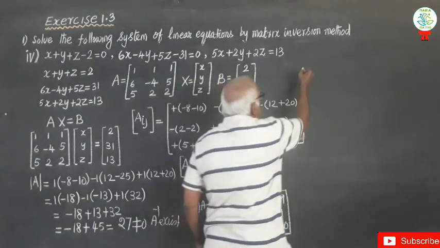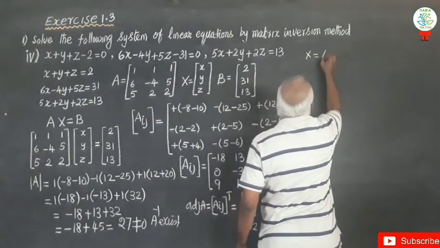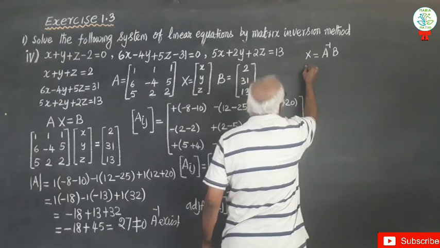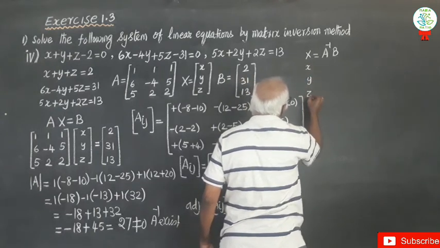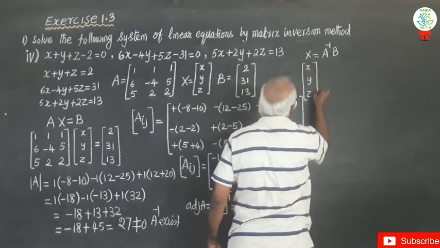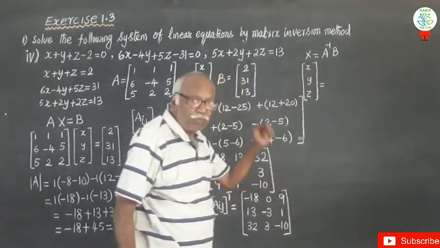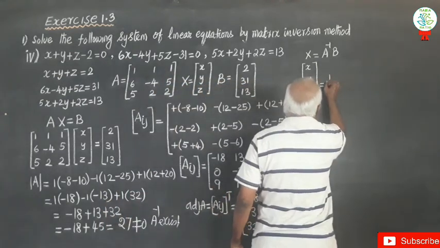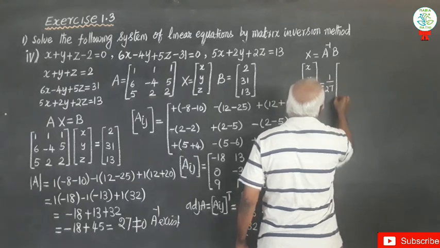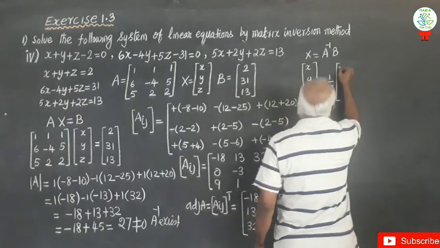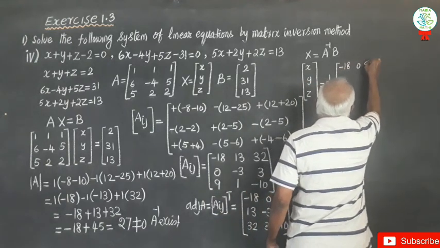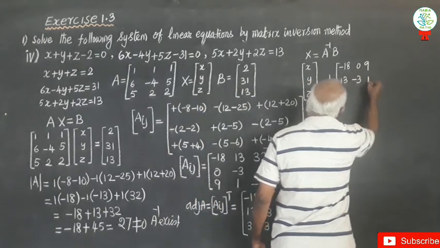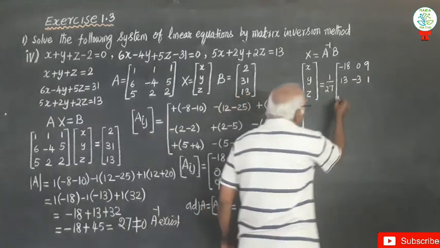Substitute in the matrix equation: X is equal to A inverse into B. X is x, y, z is equal to A inverse, 1 by determinant A into adjoint A. 1 by determinant A is 1 by 27 into your adjoint matrix: minus 18, 0, 9, 13, minus 3, 1, 32, 3, minus 10.